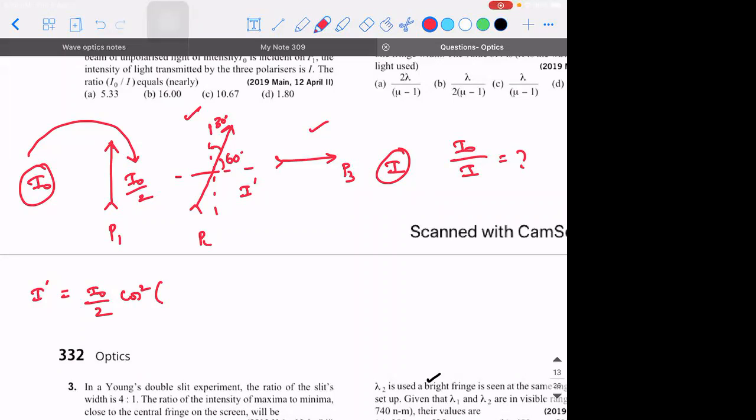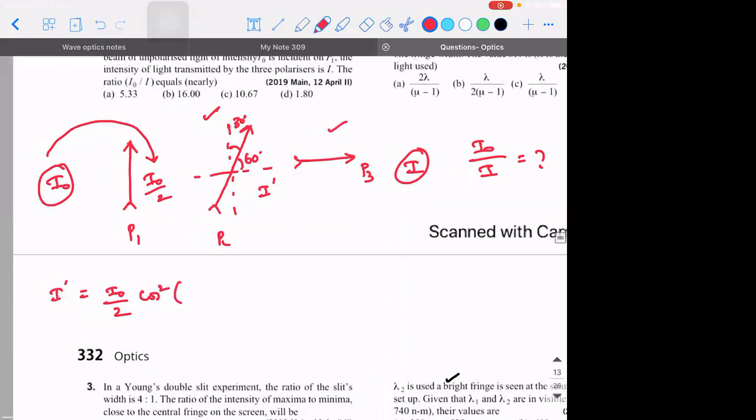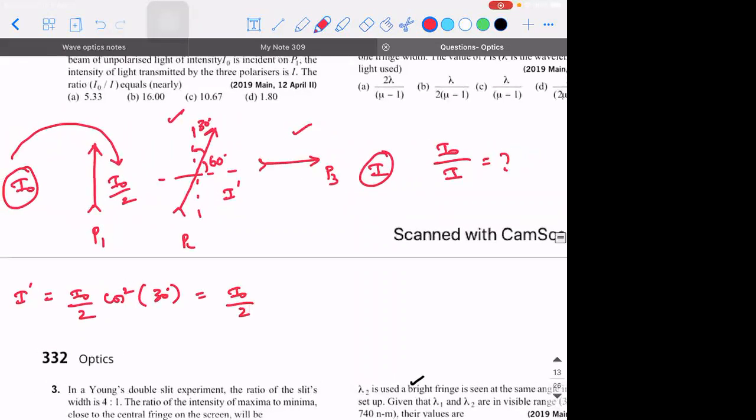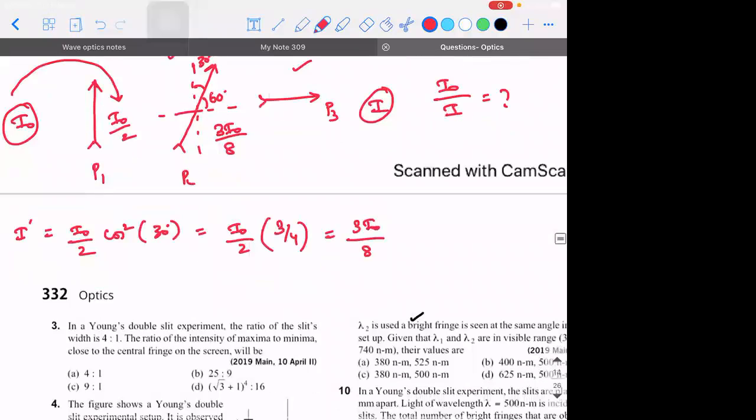How much is it? 30 degrees. Very good. So it is I0 by 2 times cos square 30, which is 3 by 4. That is 3 I0 by 8. So the intensity of light coming out here is 3 times I0 by 8.